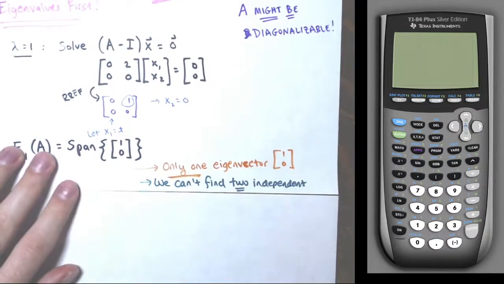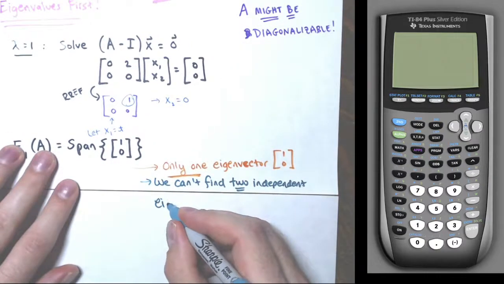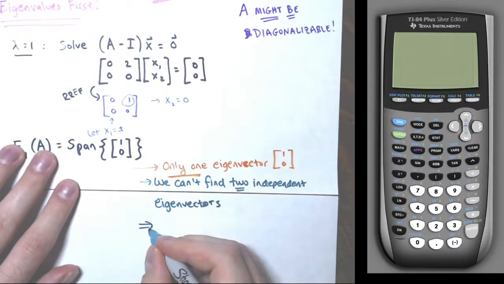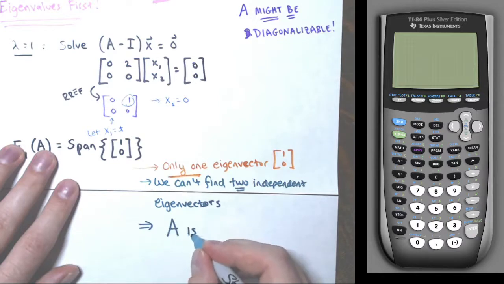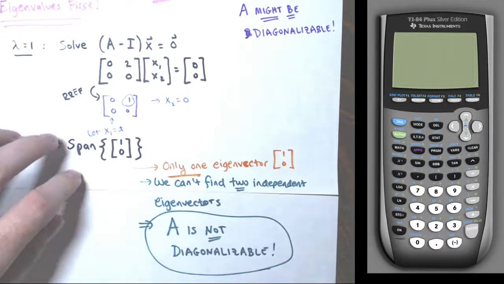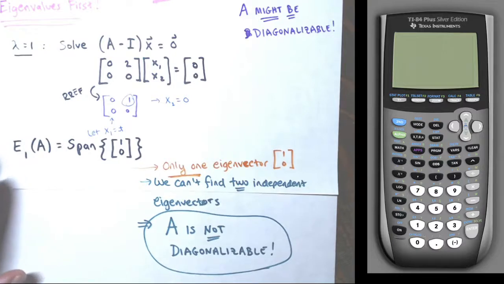Therefore, this matrix A is not diagonalizable. You cannot find a matrix P such that P inverse times A times P equals a diagonal matrix. You can't do it. It's impossible.